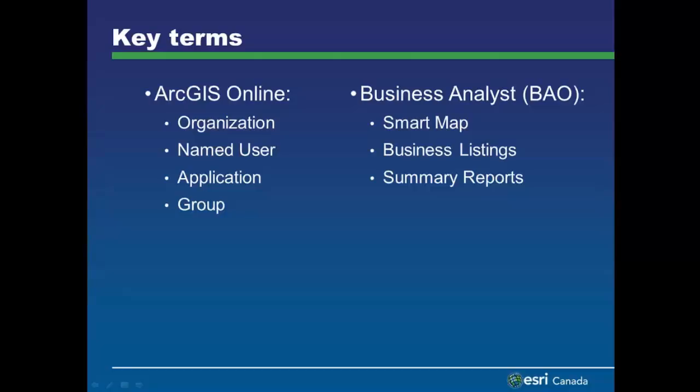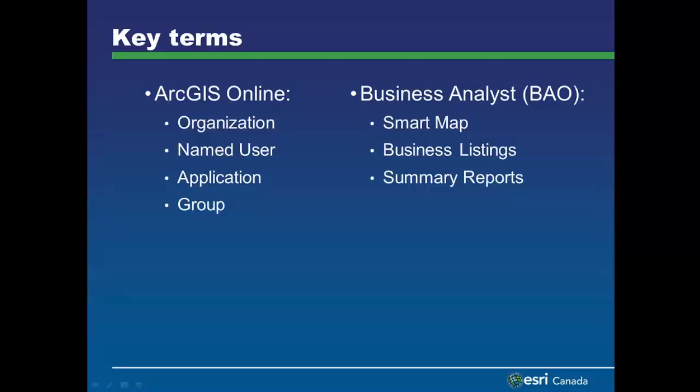And on the flip side is Business Analyst Online, where your smart map is used to visually search. It's a visual search tool to review demographic variables at different census geographic boundaries. In the case study that we'll work through today, we're actually going to be looking at the dissemination areas in St. John's, Newfoundland.